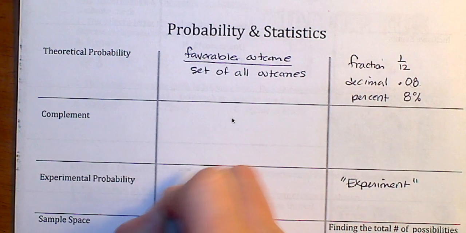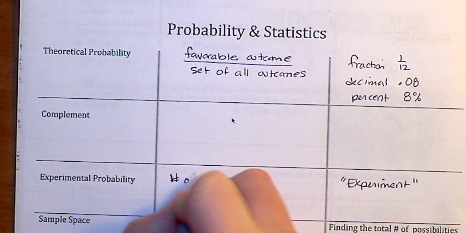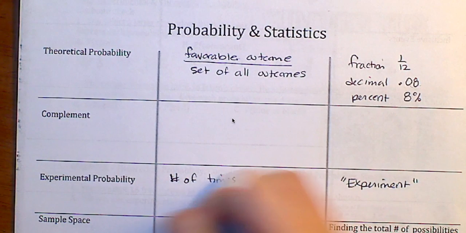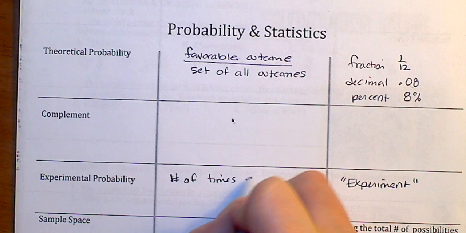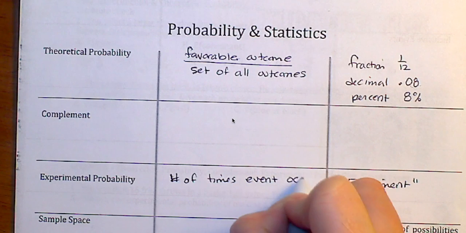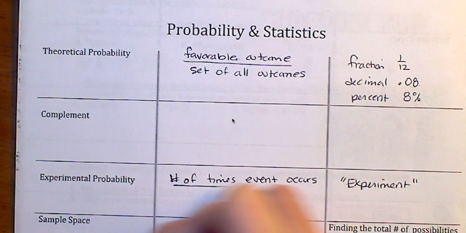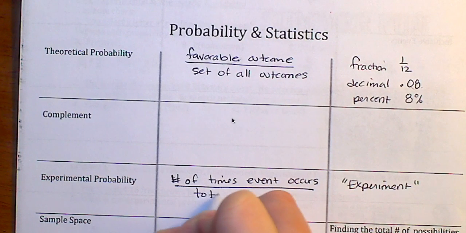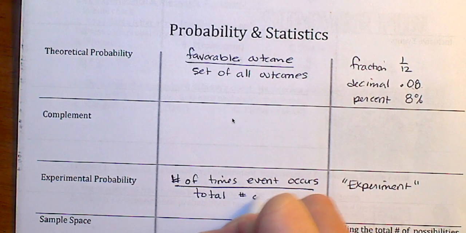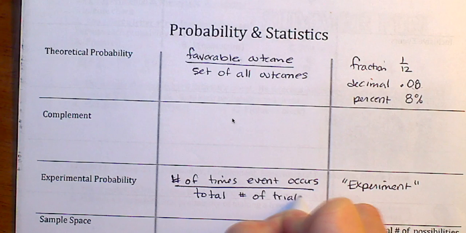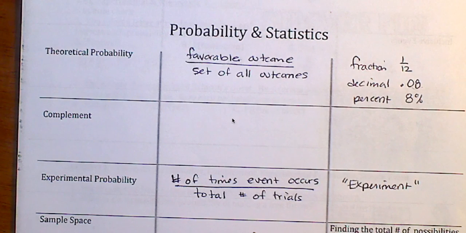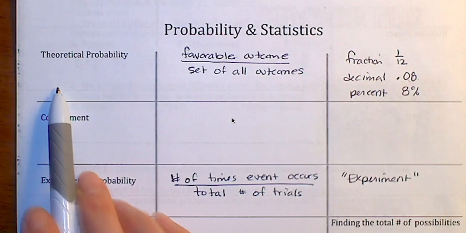To express experimental probability, that's the number of times the event occurs over the total number of trials. Now this is different probably from any probability that you've done. Mostly the probability that you have done is all theoretical probability, okay?